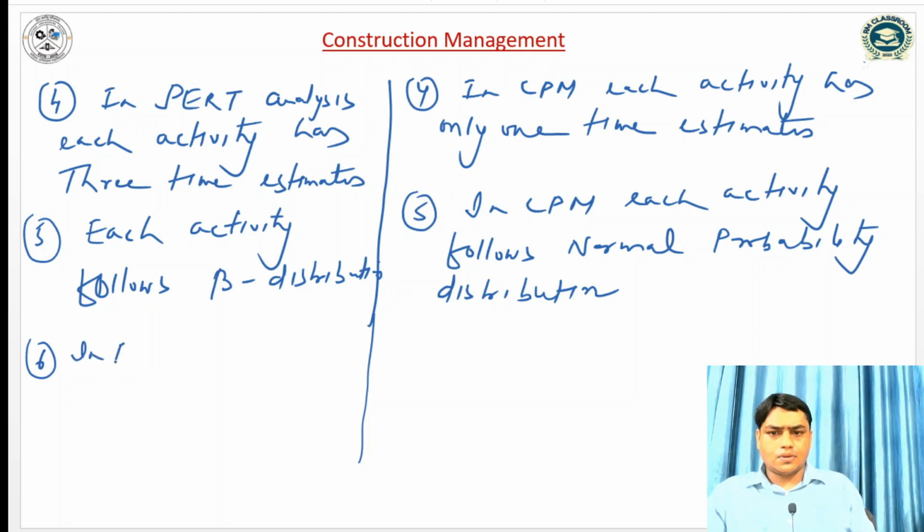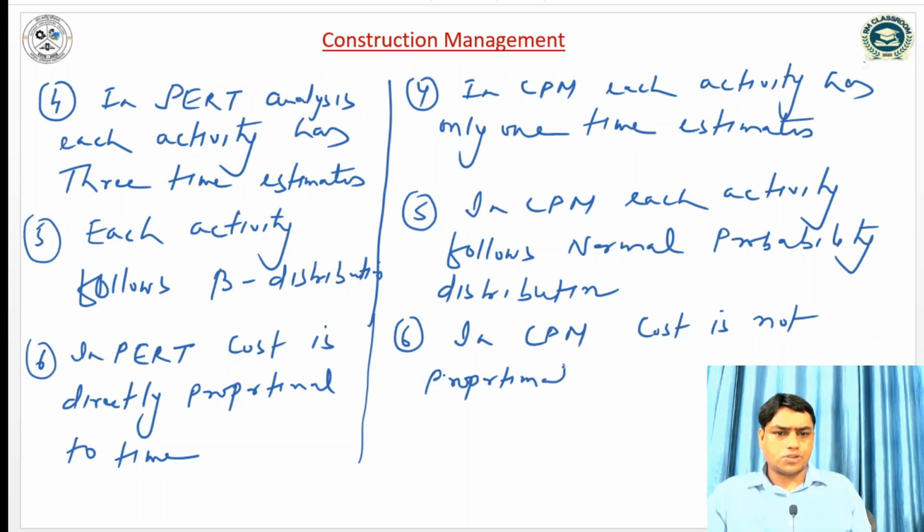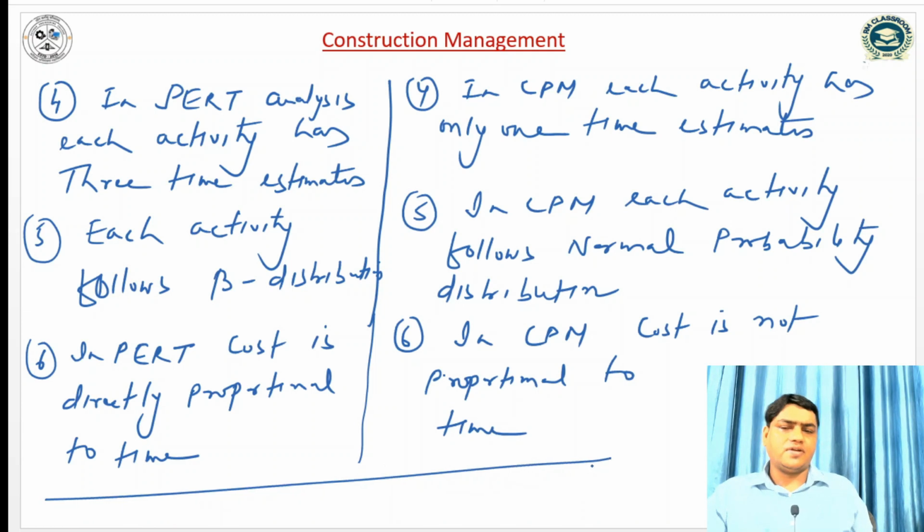In PERT, cost is directly proportional to time. In CPM, cost is not proportional to time. So these are the major differences between CPM and PERT.